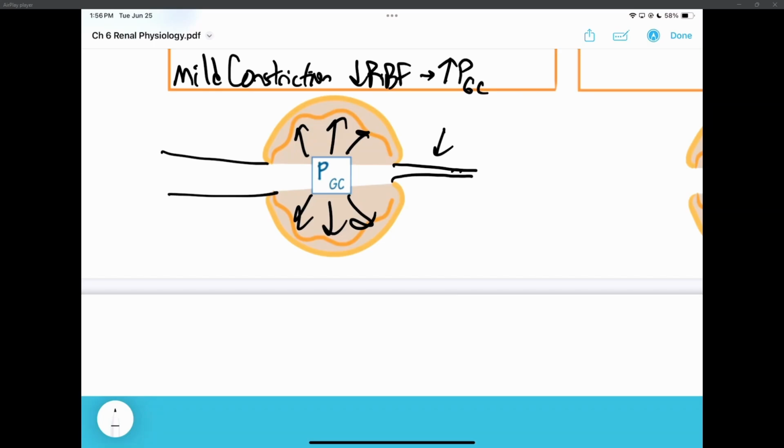Hydrostatic pressure goes up, favors filtration, pushes the filtrate out, so our GFR goes up. Everyone good on that one? It builds up, glomerular capillary hydrostatic pressure goes up, increasing factors that favor filtration, and we get an increased GFR.